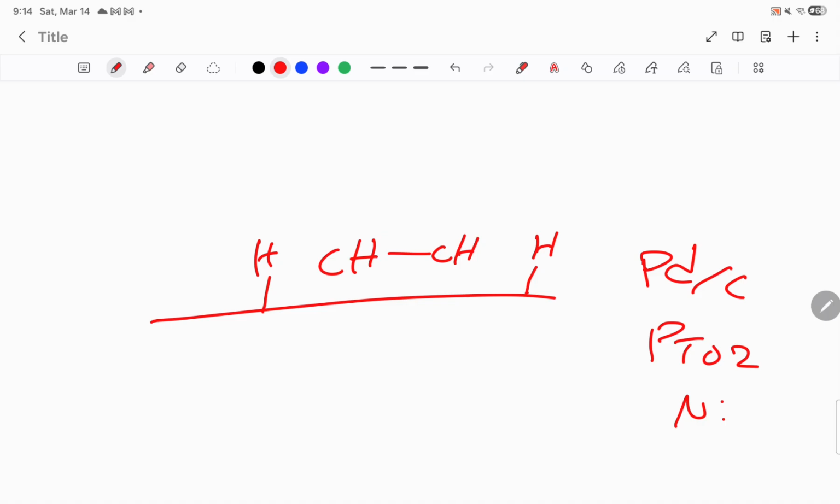First thing first, a hydrogen atom is transferred to one of the alkene carbon atoms, and that forms a partially reduced intermediate with a C-H bond and a carbon-metal sigma bond. So this will get transferred over, and we will generate this. This is a carbon-metal sigma bond right here.